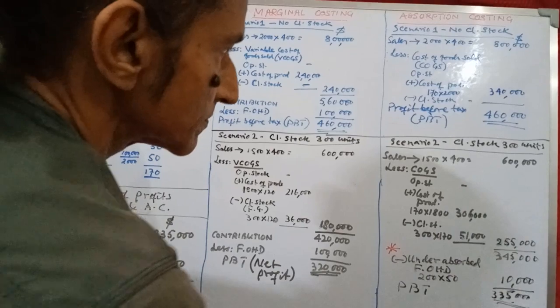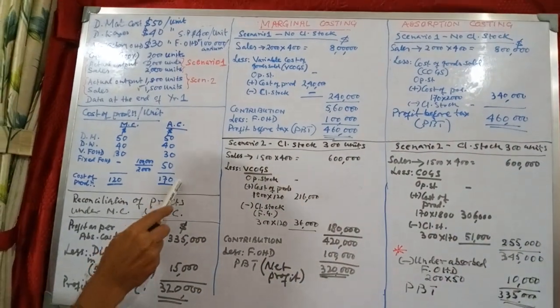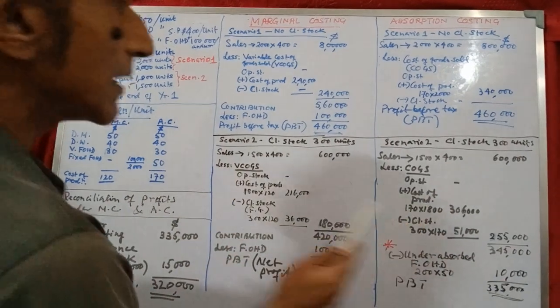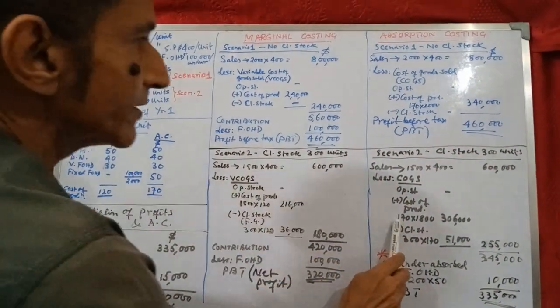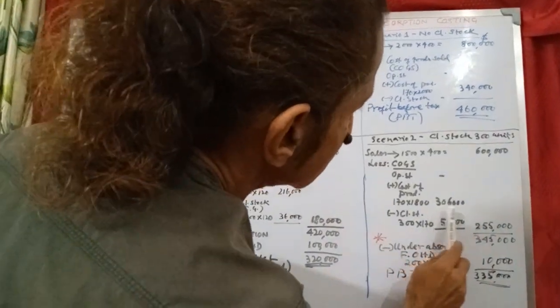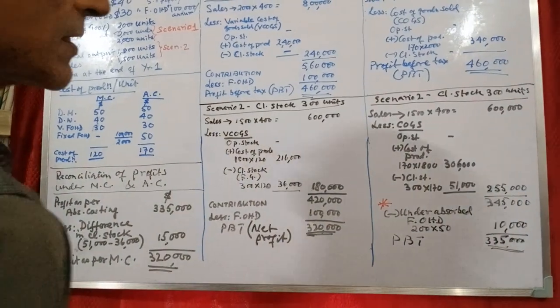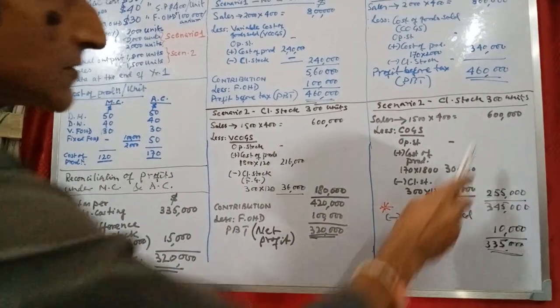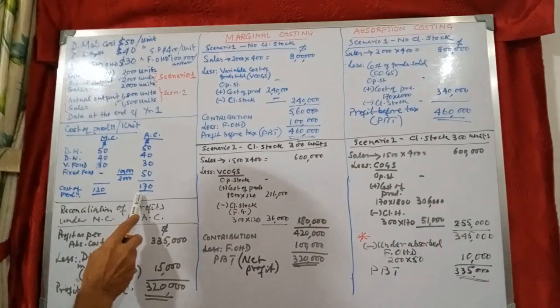There is no opening stock. And what is the cost of production? 170 into number of units produced, that is 1800. So 170 into 1800 gives us 306,000, less closing stock, 300 units into cost per unit 170.